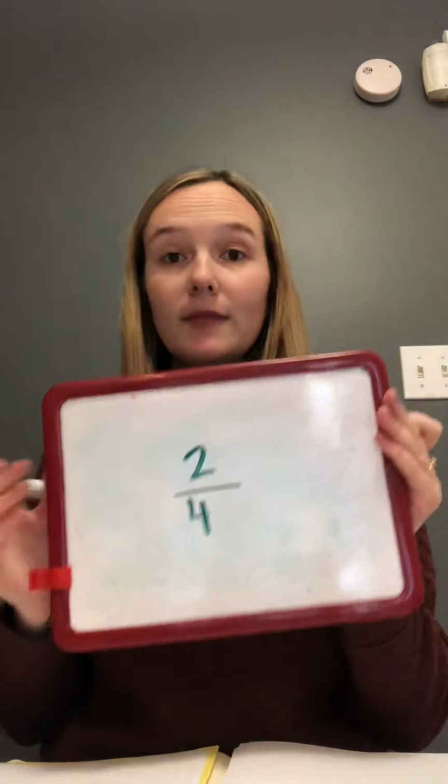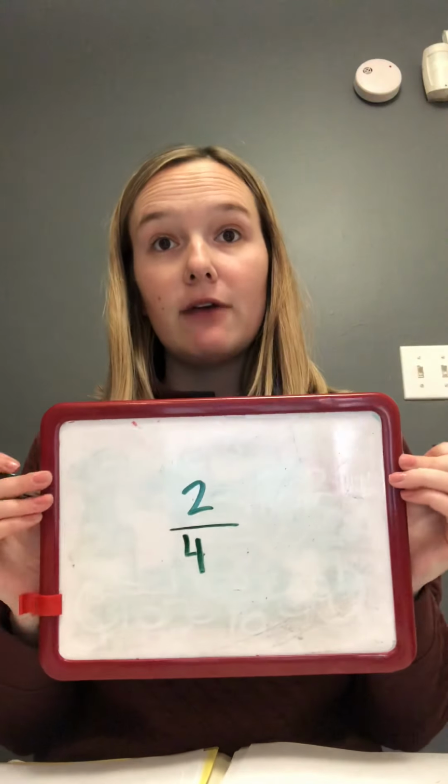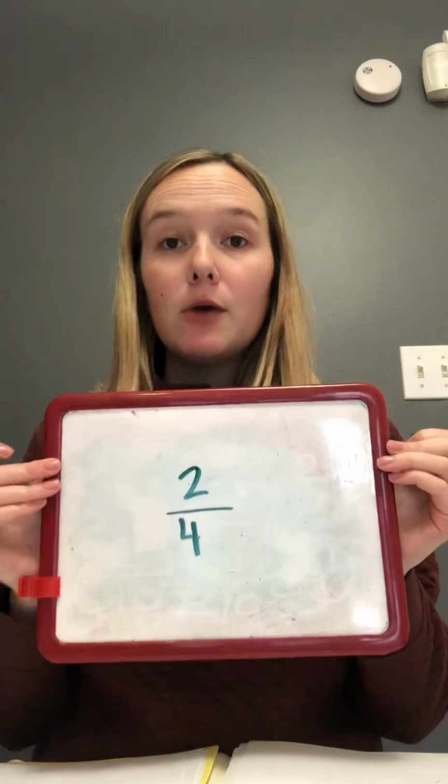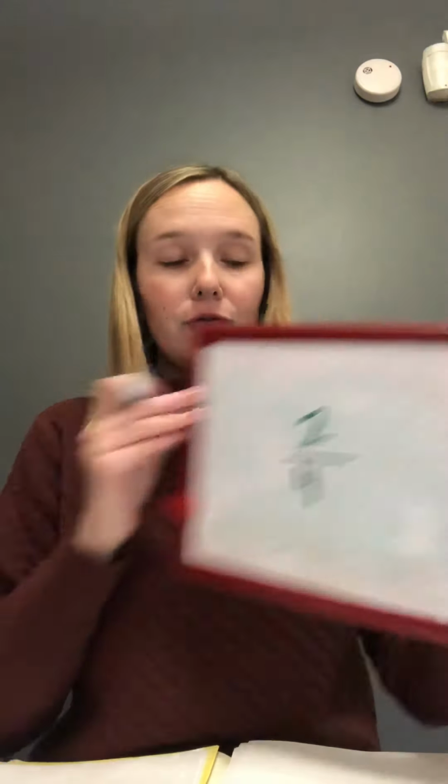So I have 4 pieces of candy, so my denominator is 4, and I'm going to say that Danny came along and he ate 2 of my candies. So 2 of my candies are gone, and now I have 2 left over. So I have 2 out of 4 left over. So my fraction that I have left over is 2 out of 4. Remember that this is half, right?